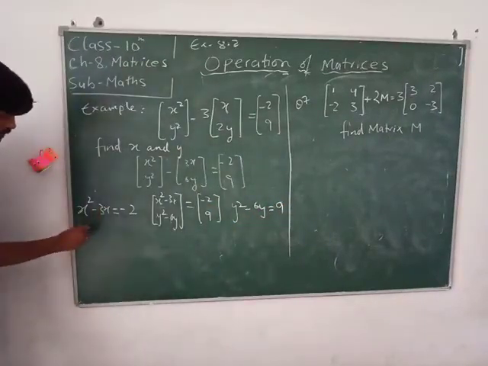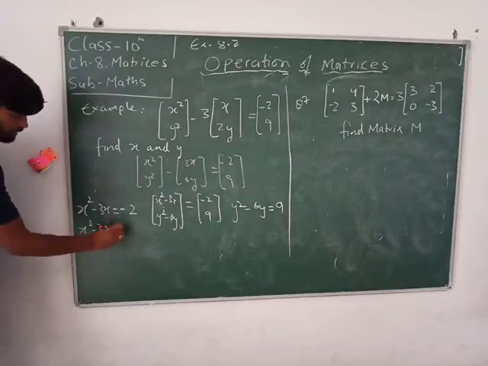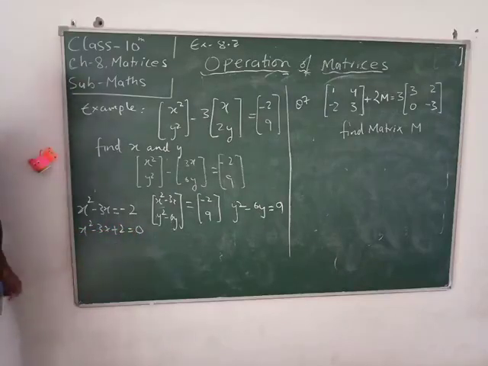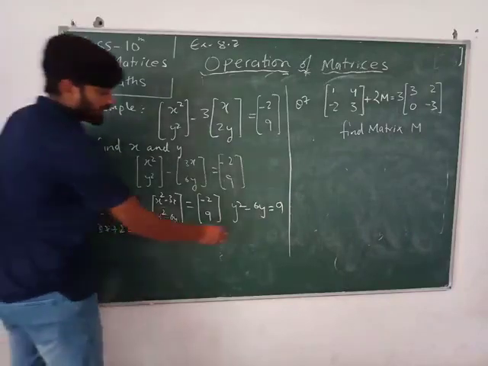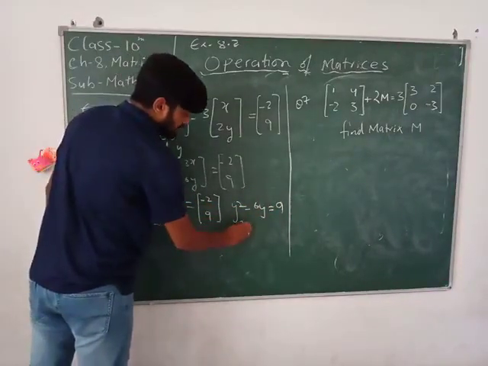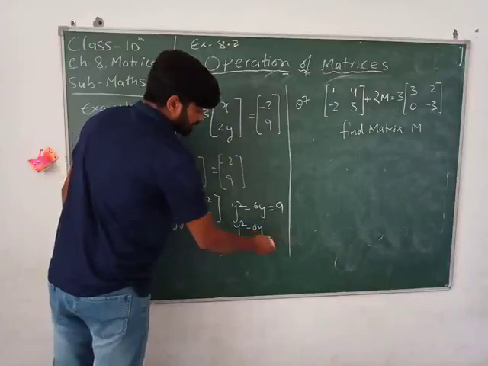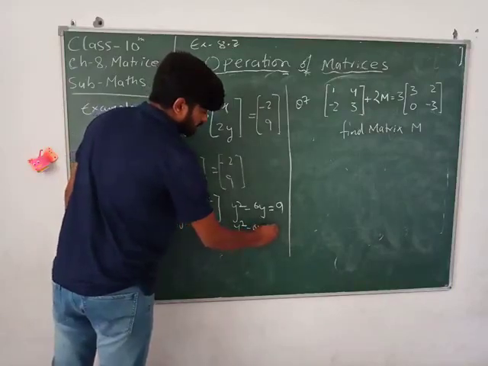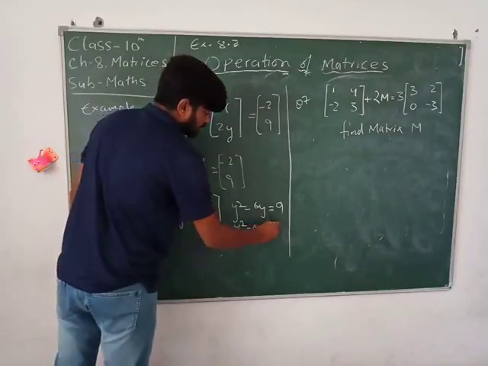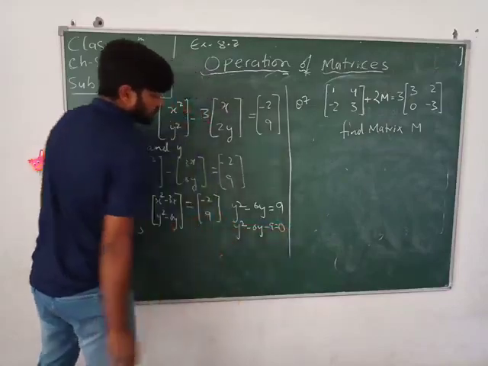And when I shift minus 2 on this side, x square minus 3x plus 2 equals to 0, you see a quadratic equation. You see a quadratic equation over here, and when I shift 9 also over here, y square minus 6y plus 9 equals to 0.